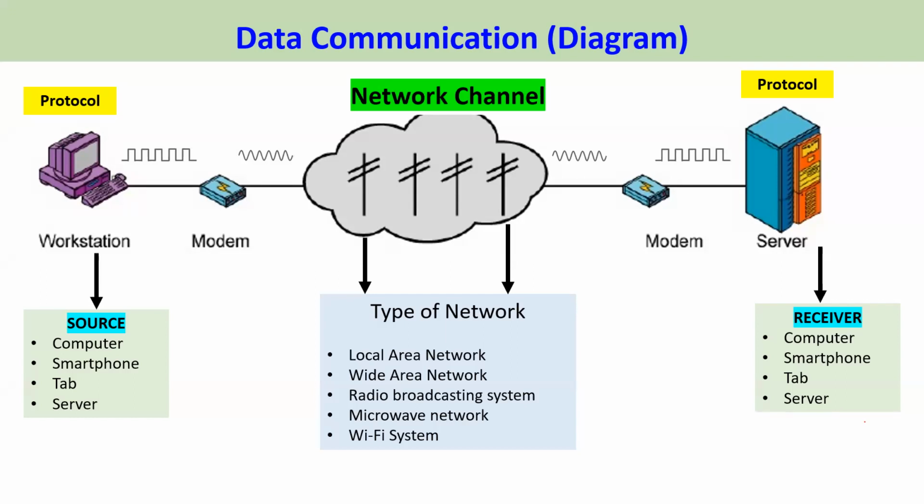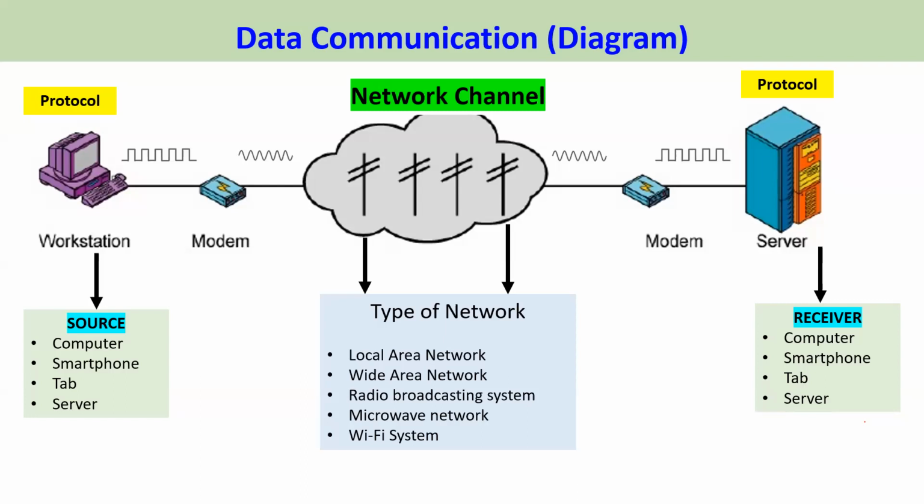In this case, they use a special device called a modem. A modem is used to convert digital data into analog. At the end, the same process is repeated, and the analog signal is converted back into digital, because at the end there is also a digital device.